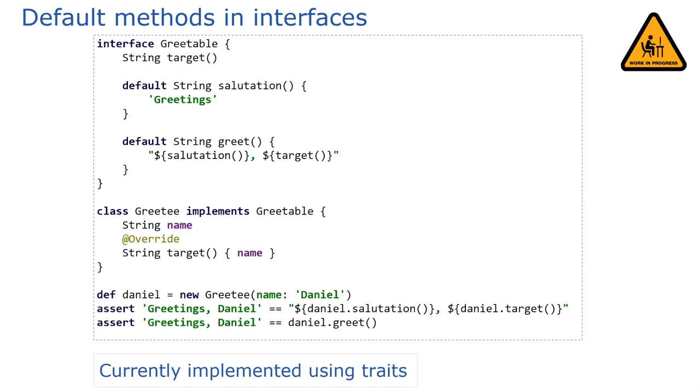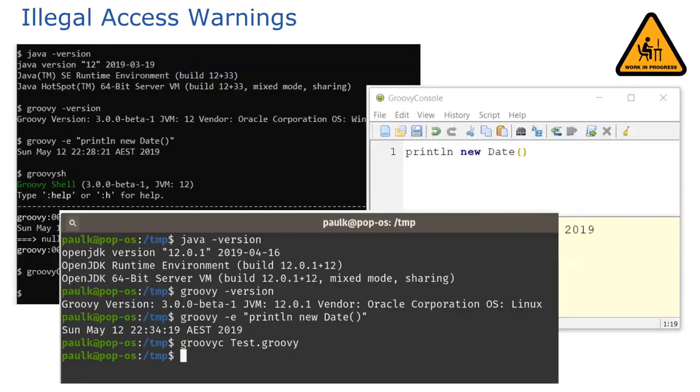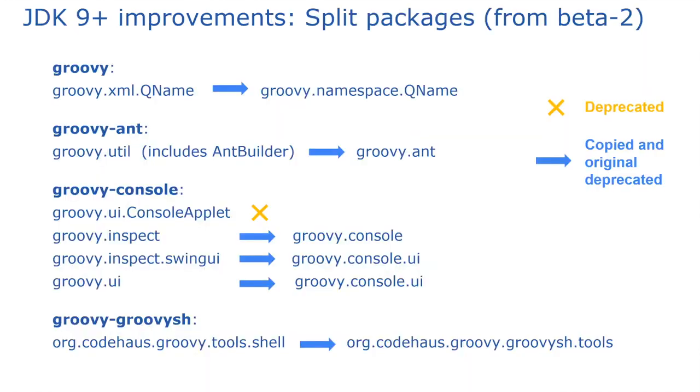Okay, there's default methods in interfaces. There's getting rid of all your illegal access warnings, which is really nice. And split packaging. All of the packages in Groovy have now been retweaked. Our original plan some 2 years ago was that Groovy 3 would be fully module compliant.